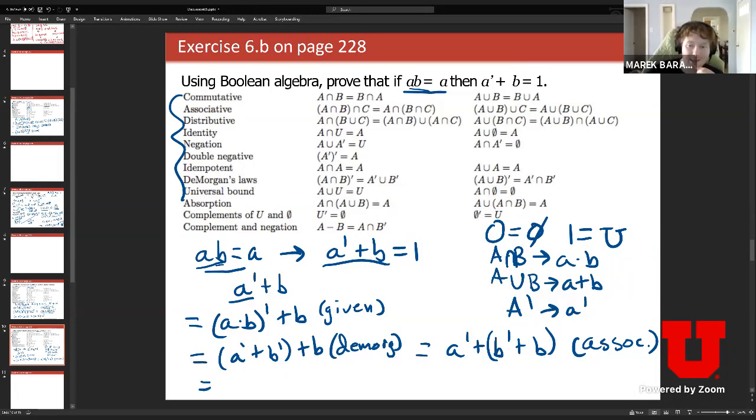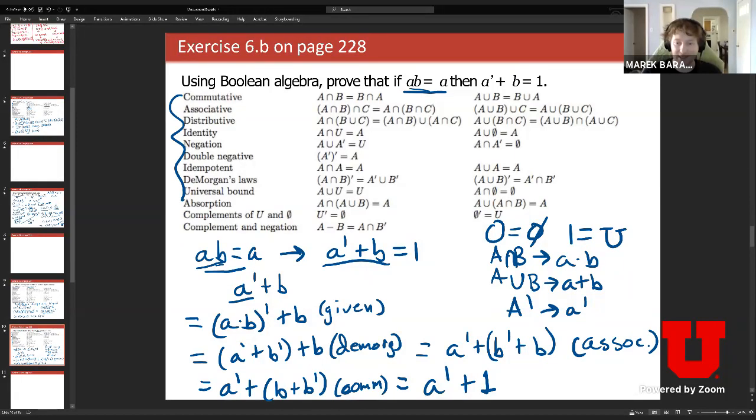And that is equal to, I think I'm going to have to apply commutative, because I'm trying to apply negation here. So we get A complement plus B plus B complement. That's commutative. And that's equal to A complement plus 1.